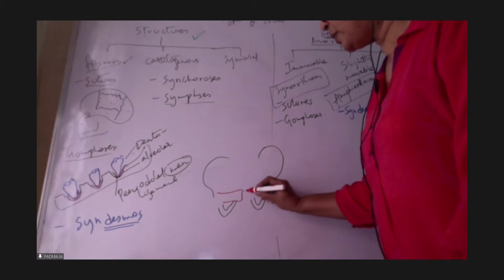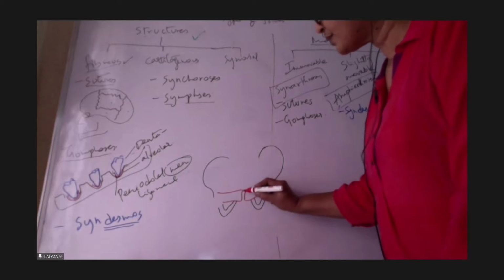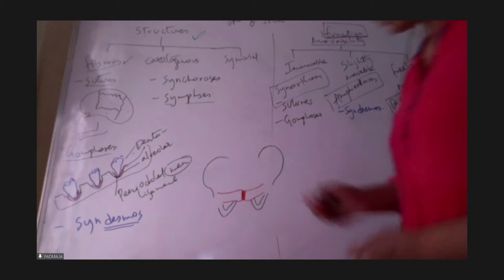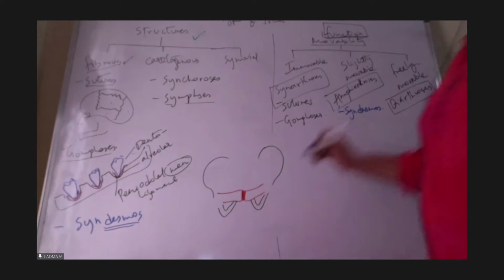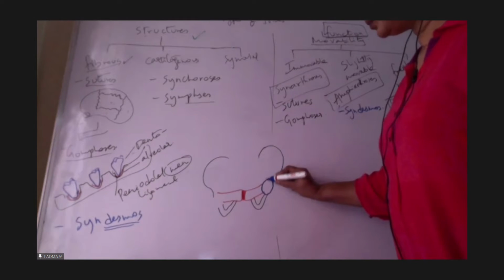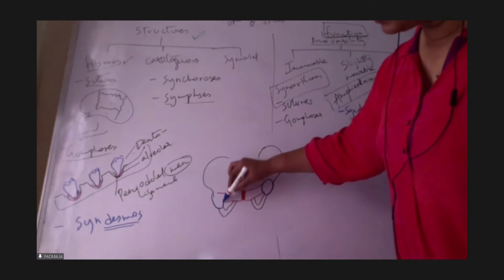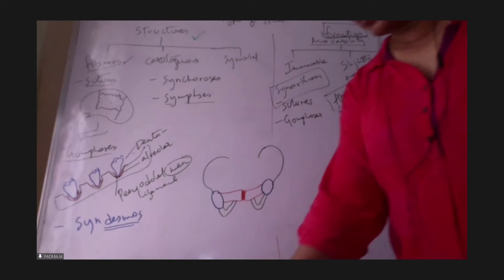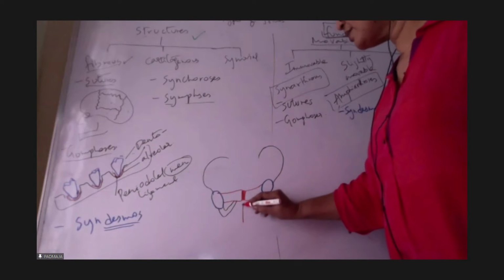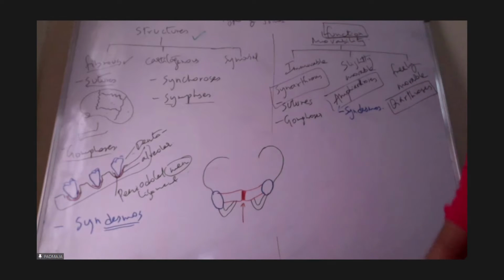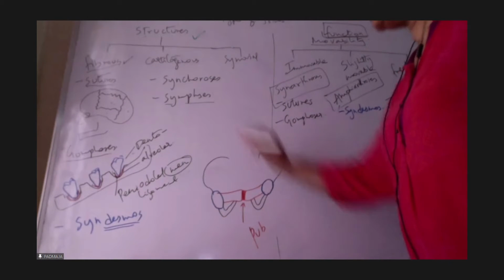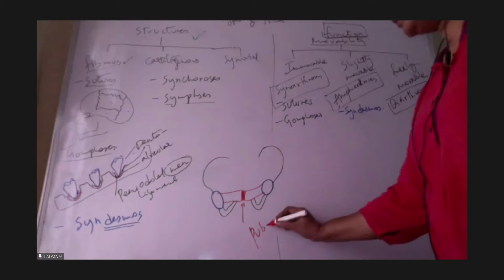Between two pubic bones, what is this? And of course here it forms the acetabulum. All three bones form the acetabulum. And yesterday I labeled it. What is it? Pubic symphysis. Yes, it is pubic symphysis. Example for symphysis.